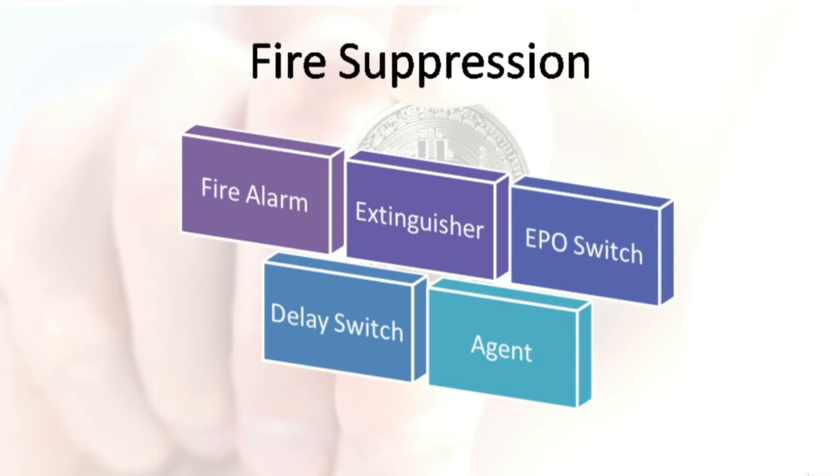The next one is the emergency power off switch, or the EPO switch. In the event of a fire, the EPO will automatically cut off electricity for safety.